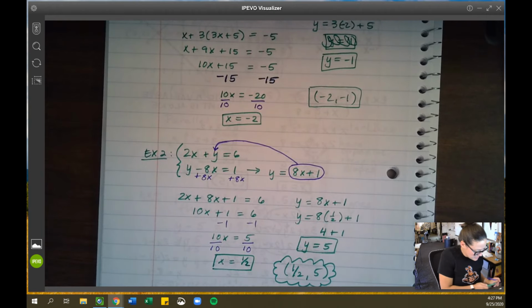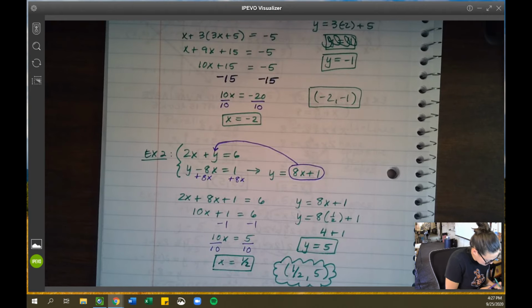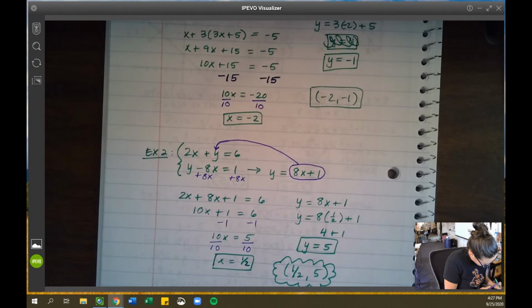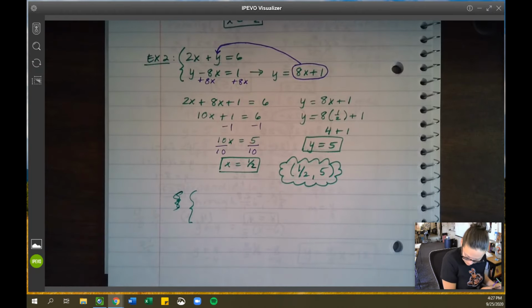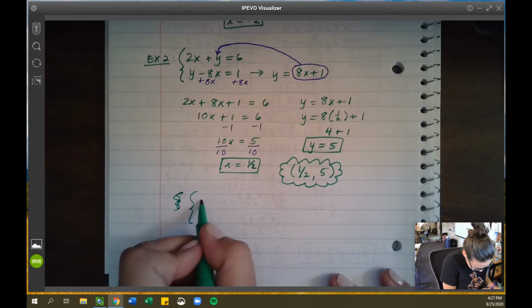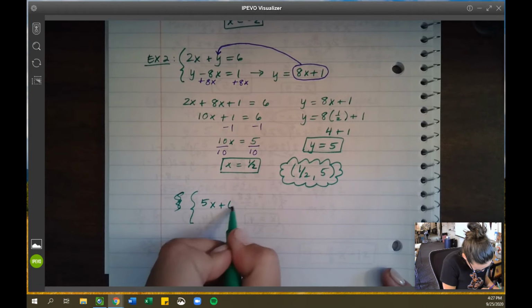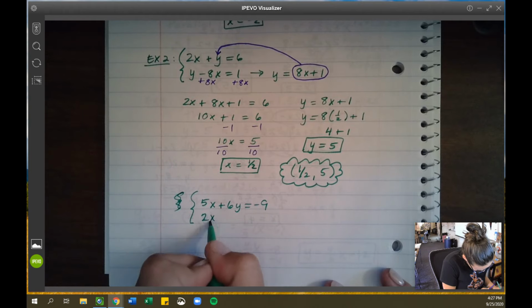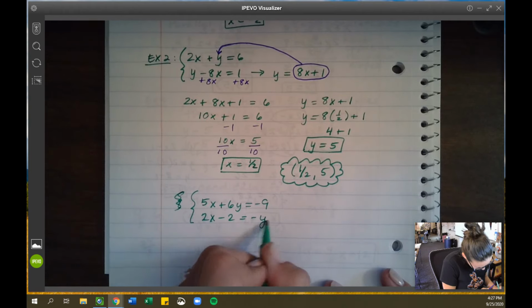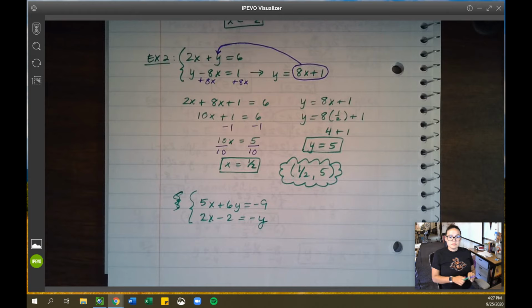All right, let's take a look at this one. Oh, whoops. Gotta do 2 lines. All right, you might look at this system and say, oh, great, y is by itself.